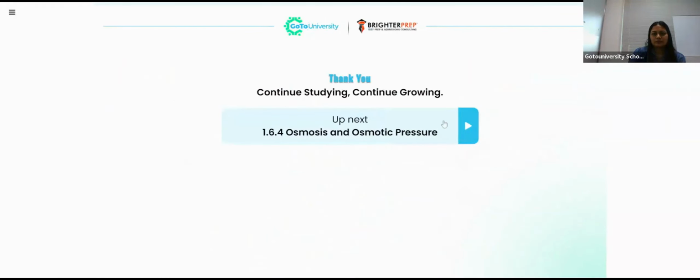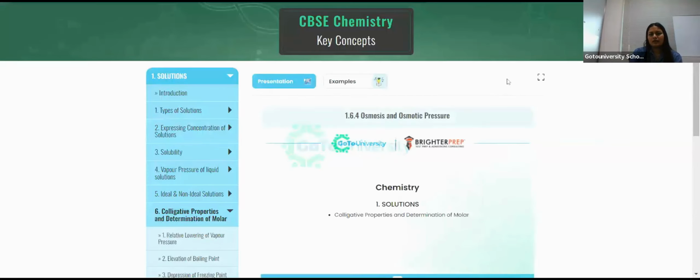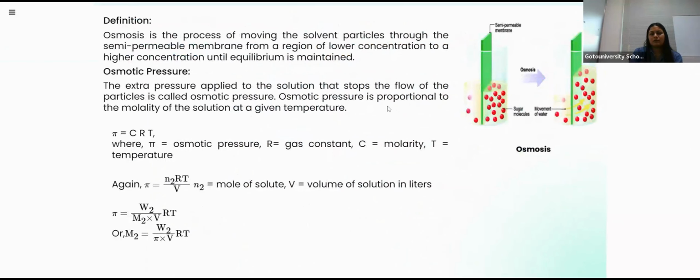Next we studied the osmotic pressure. What is osmosis? Read that again. Where the solvent particles move, don't get confused in this, from a lower concentration to the higher concentration.